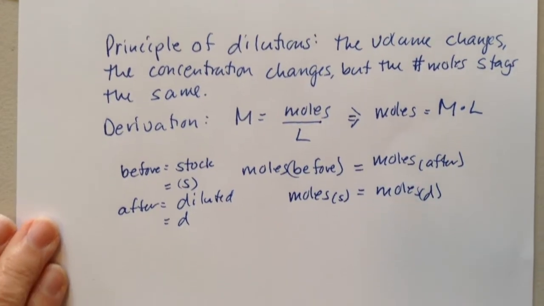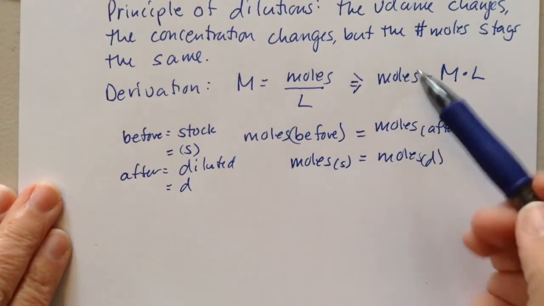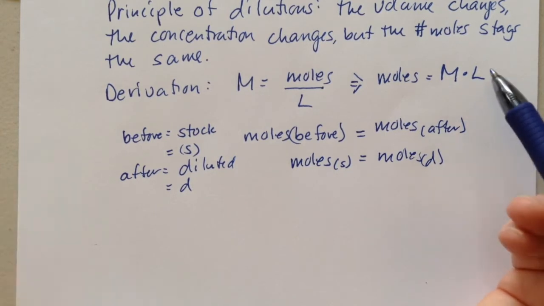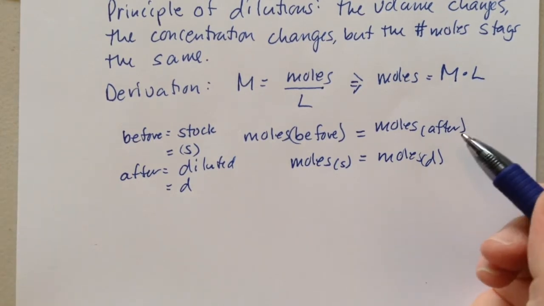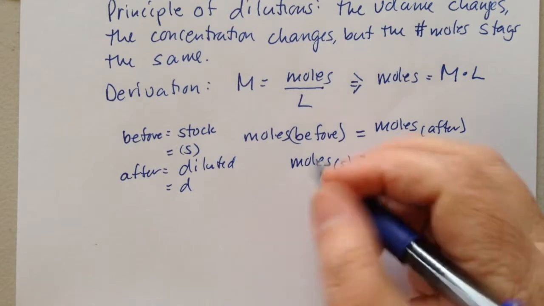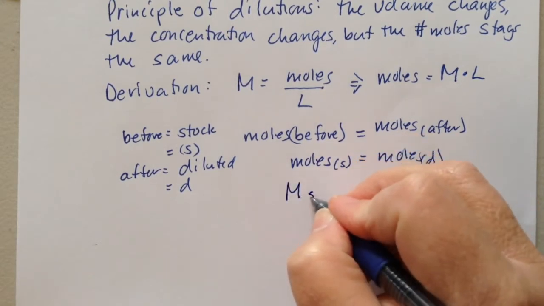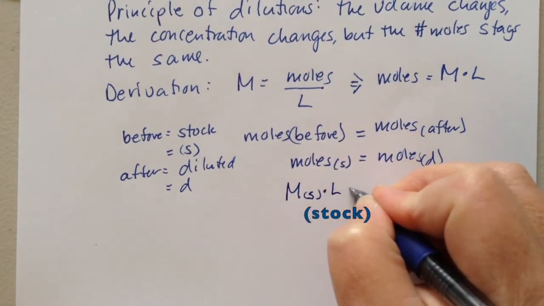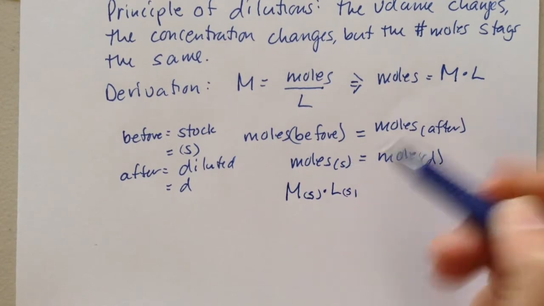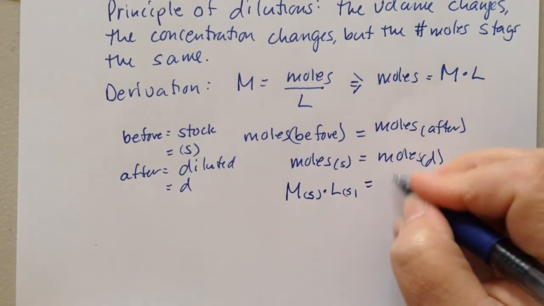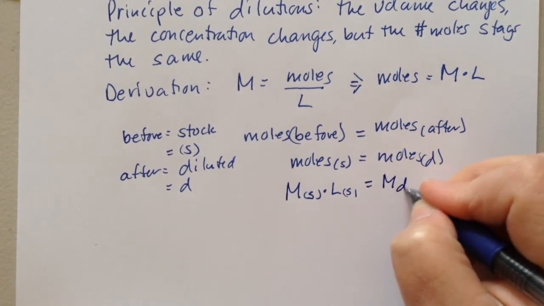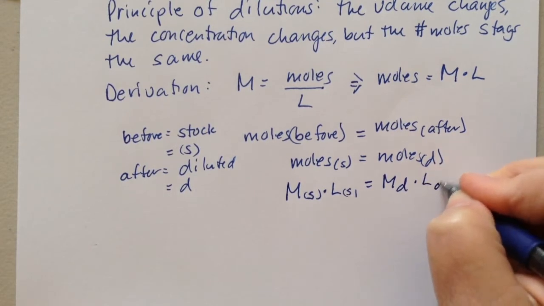Well, if we're willing to say that moles is molarity times liters, we could say that the moles of the stock is the molarity of the stock times the liters of the stock. So I'm just substituting that there, and that equals the molarity of the diluted times the liters of the diluted.